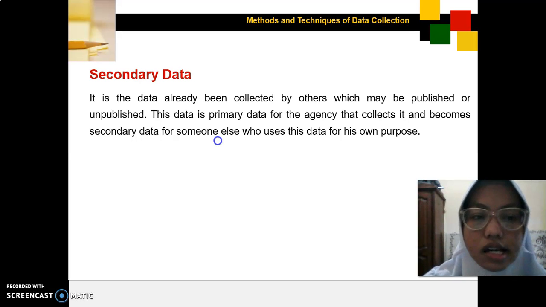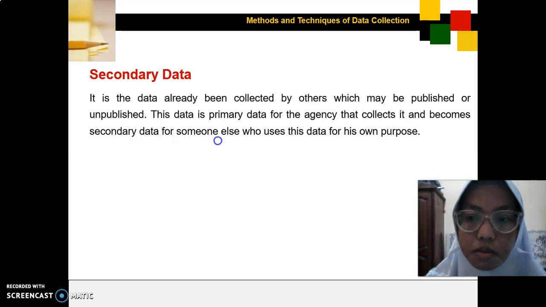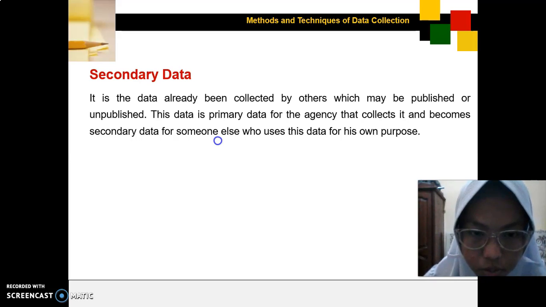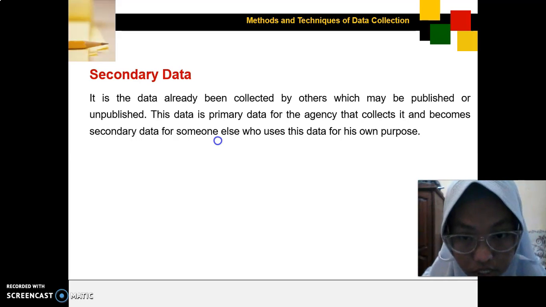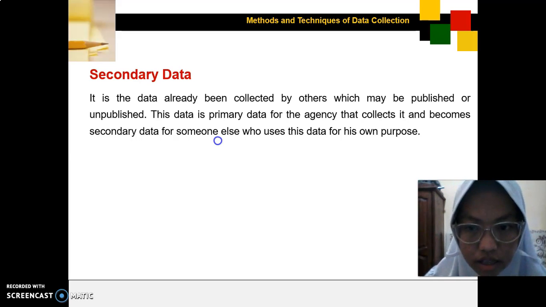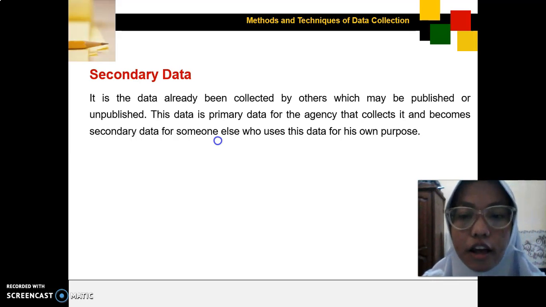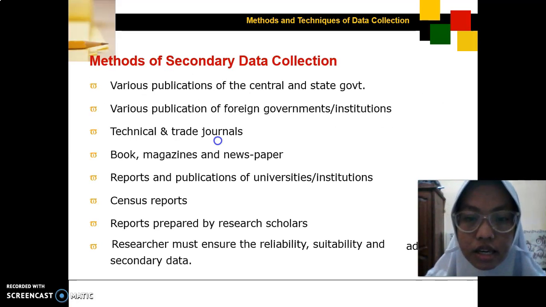Secondary data is data already collected by others, which may be published or unpublished. This data is primary data for the agency that collects it and becomes secondary data for someone else who uses it for his own purpose.